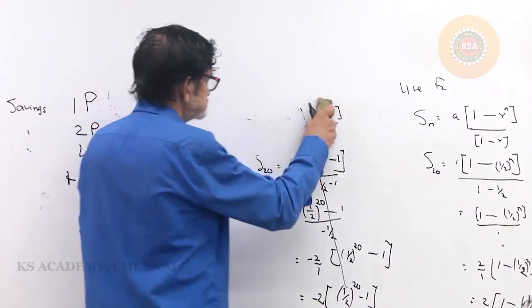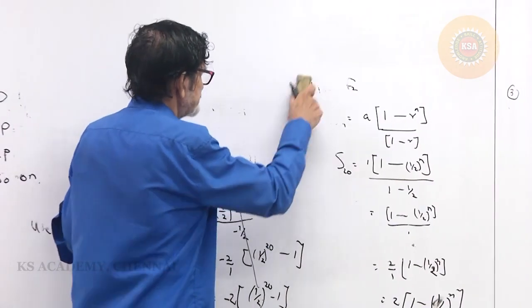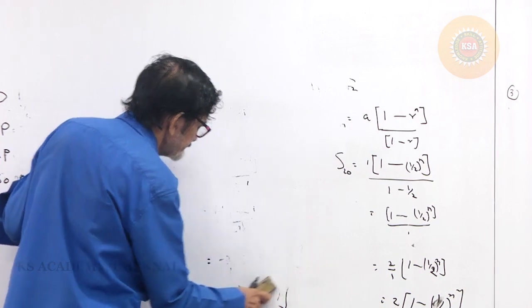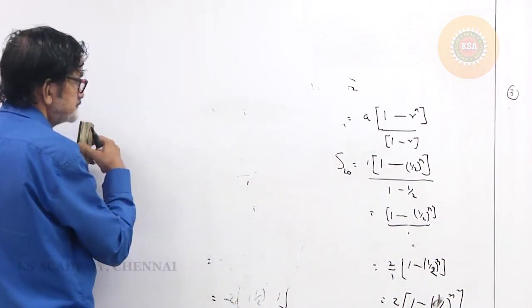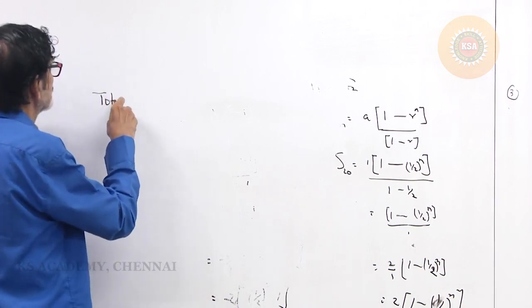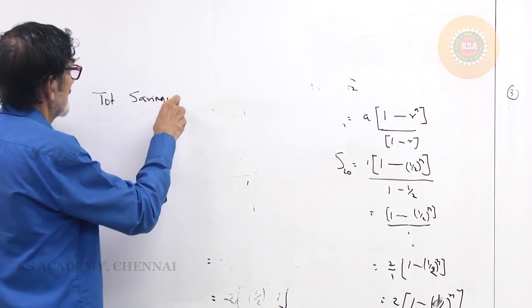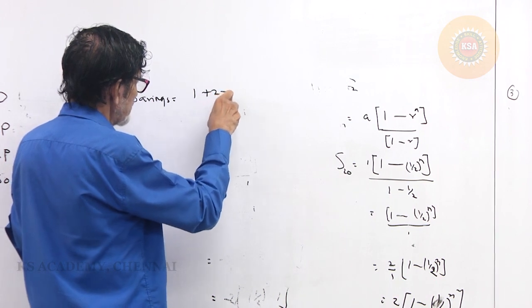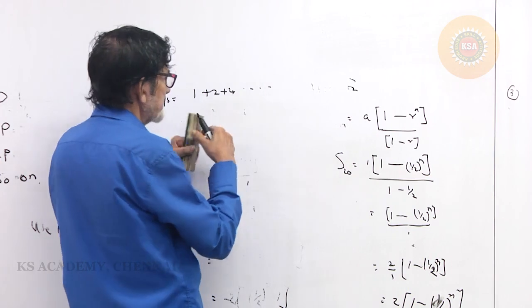Total savings. 1 paise, 2 paise, 4 paise and so on.